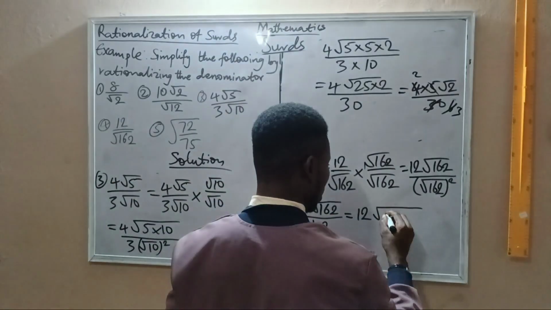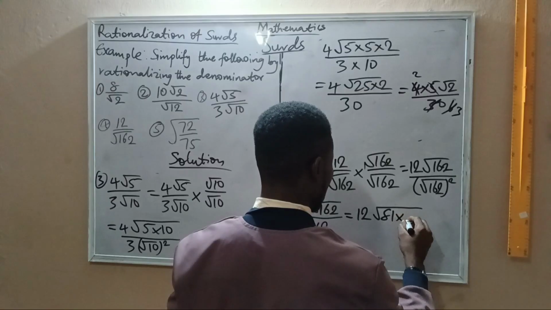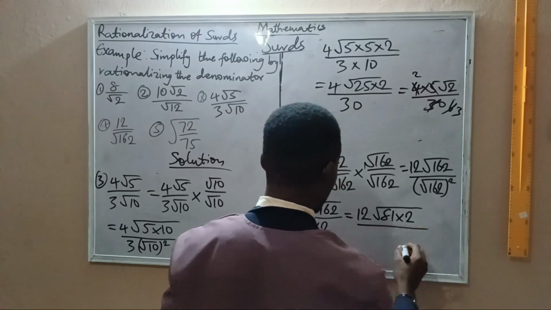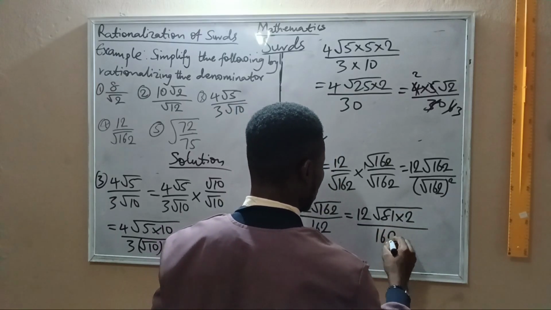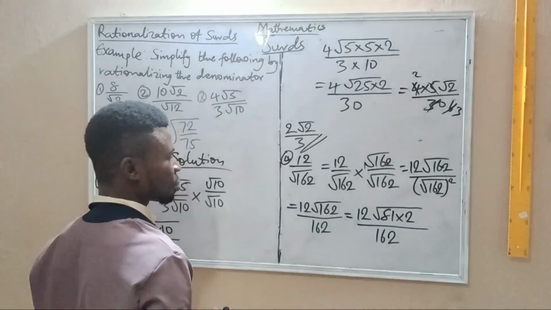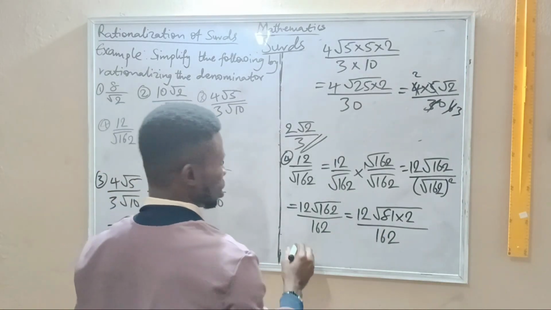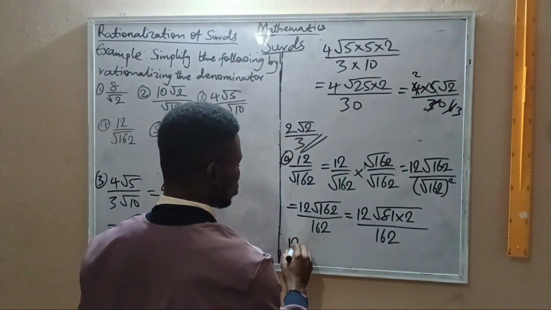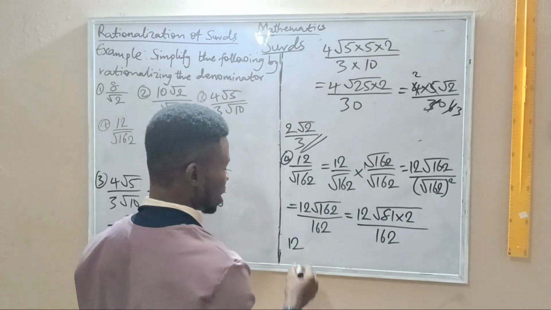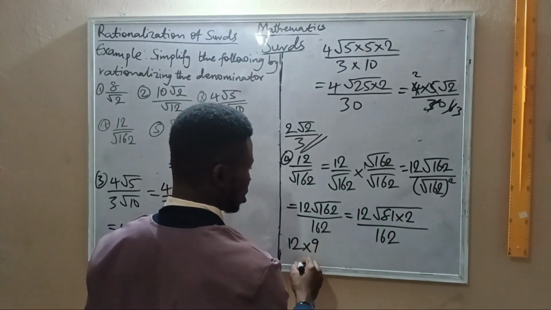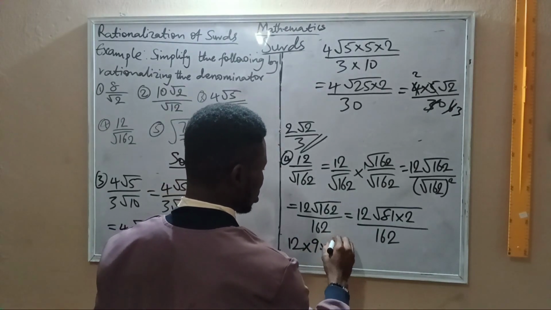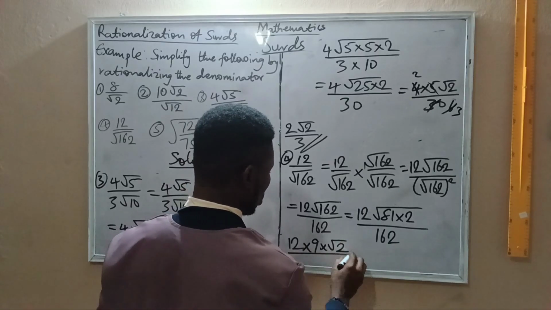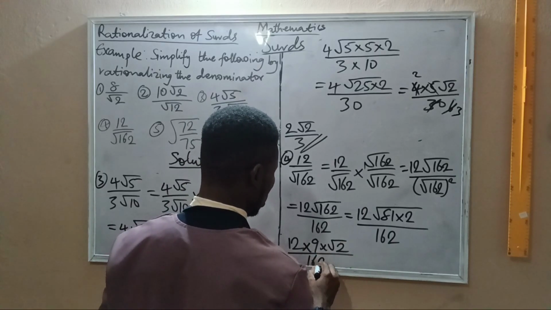So we have 81 times 2, then all over 162. And that is 12. Sod 81 is 9. Multiply by 9, then multiply by sod 2, all over 162.